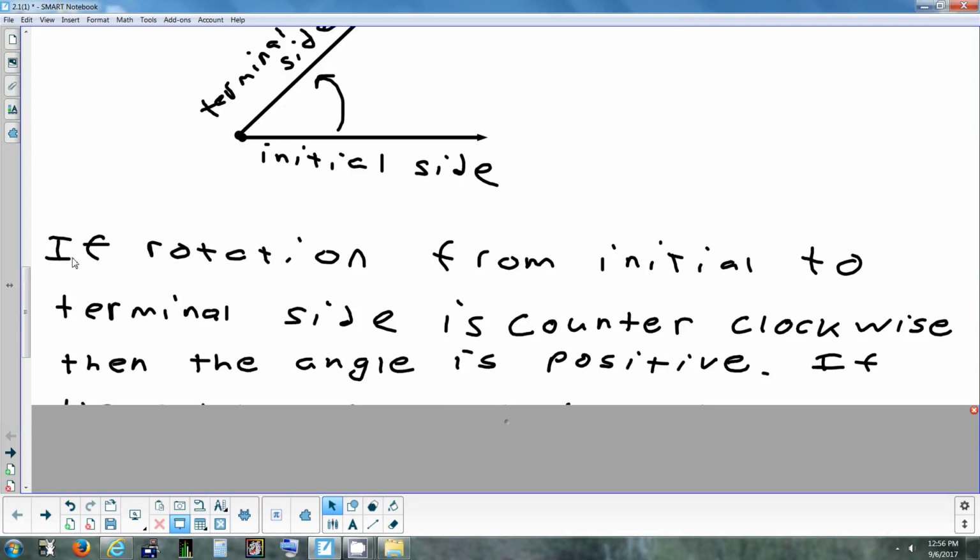And I'll bring that program back up in a second, but you might have noticed there were two numbers that were measuring the angle. Again, I'm going to put this slide back up in a second.